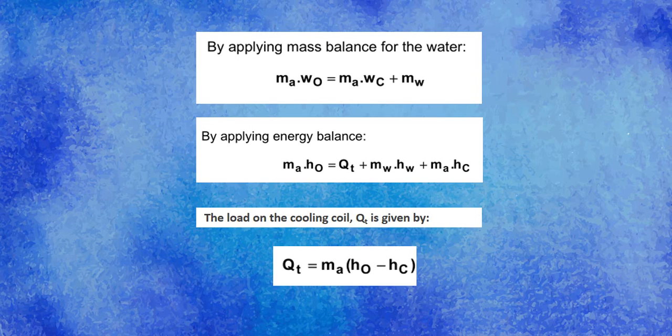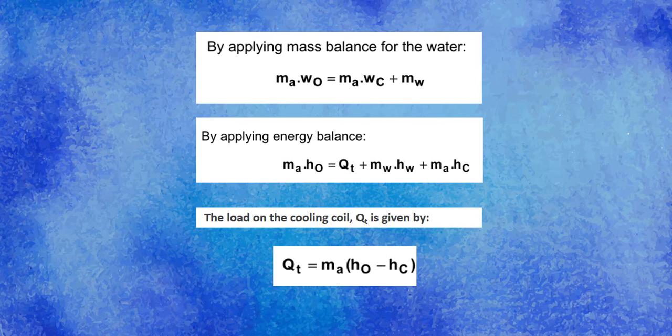Now, in most cases, class, the value of MW times HW is very small or is non-comparable to these three terms here. So when we just compute for the load of the cooling coil in a cooling and dehumidification process, we simplify it into this form.